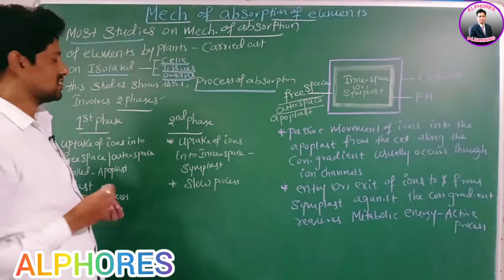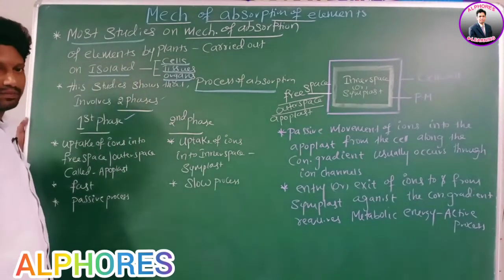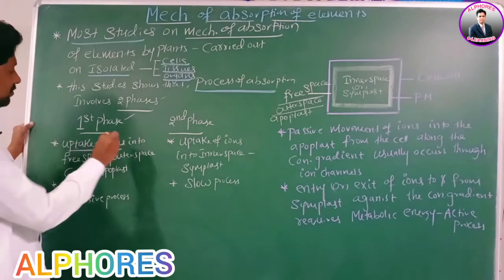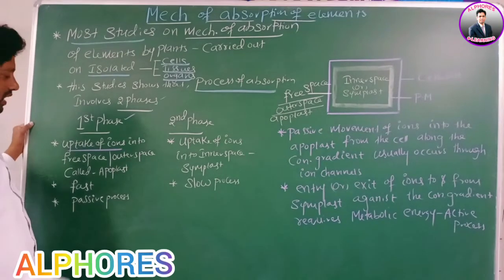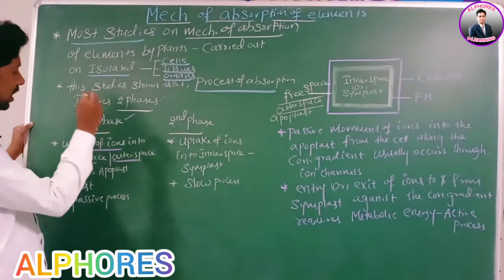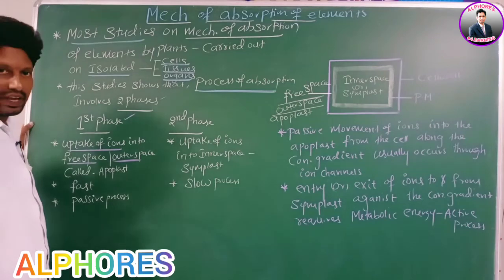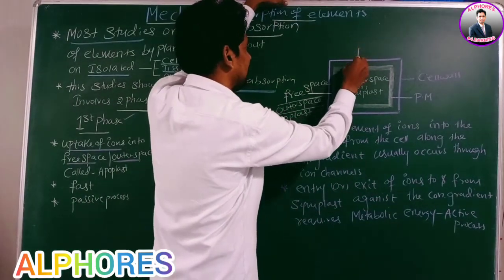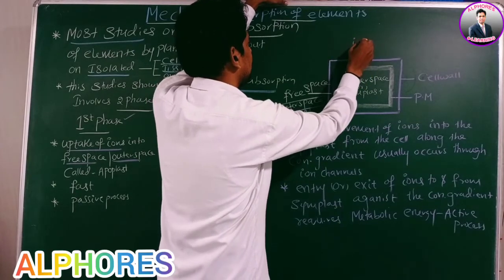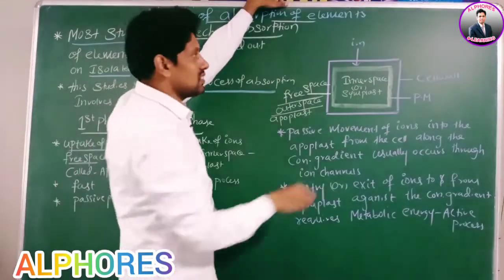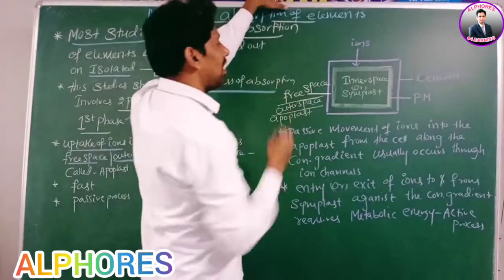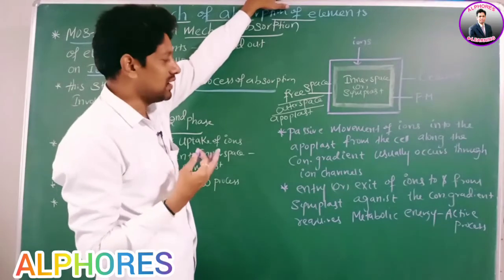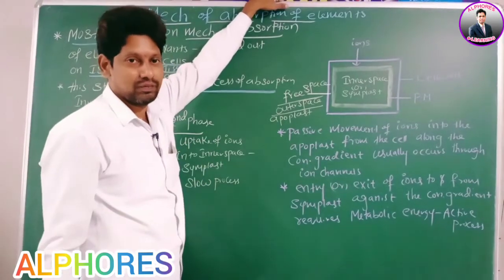Go for the first phase. What happens in this first phase? Uptake of ions into the free space or outer space. It means ions enter into this outer space, the apoplast.